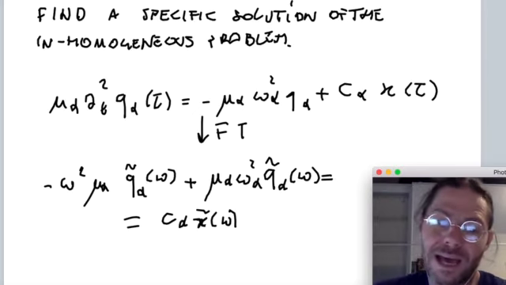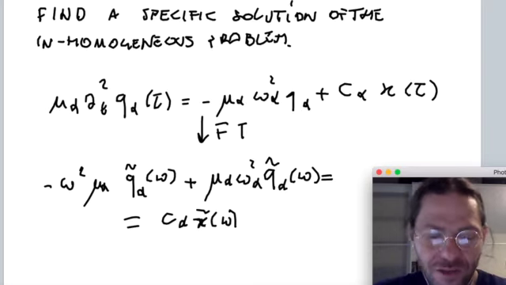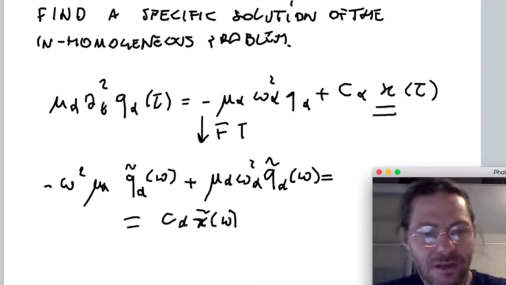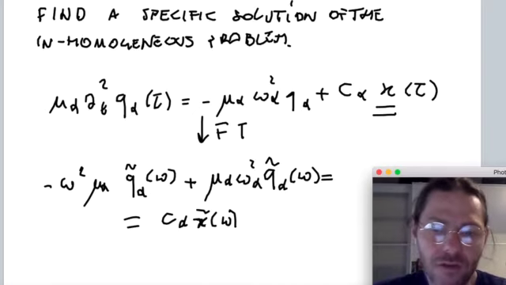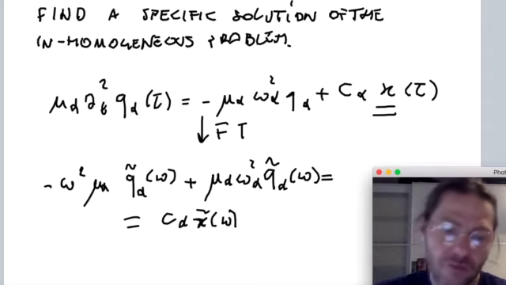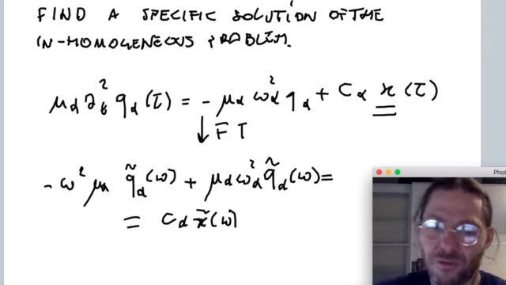Now, what I see here is the advantage of linear coupling. Because if I didn't have a linear coupling between my bath and my system, I would not be able to write this equation as simply a collection of Fourier transforms, because the Fourier transform is linear only in the following sense: the Fourier transform of a sum of functions is the sum of the Fourier transforms of the functions.